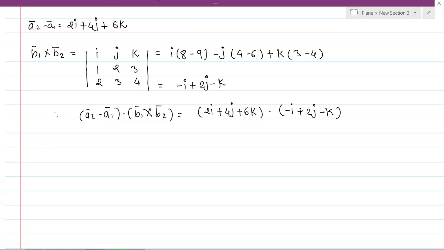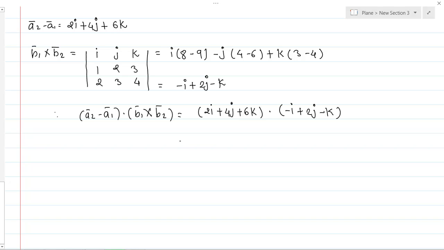Solving this dot product: 2 times minus 1 is minus 2, 4 times 2 is 8, and 6 times minus 1 is minus 6. So minus 2 plus 8 minus 6 becomes 0. Great, the dot product equals 0. Therefore, the given two lines are coplanar lines.